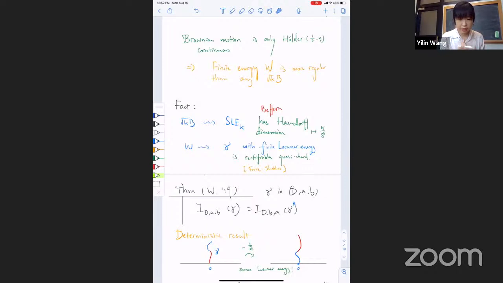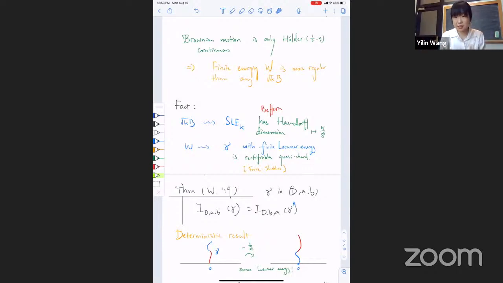If in the physicist's notation the density is given by the exponential of the Dirichlet energy, then the law of Brownian motion is totally determined by the Dirichlet energy, and here we could imagine that Loewner energy totally determines the law of SLE.